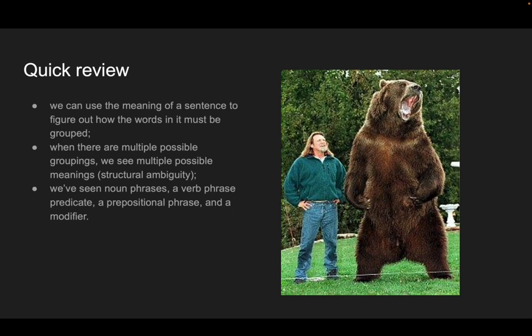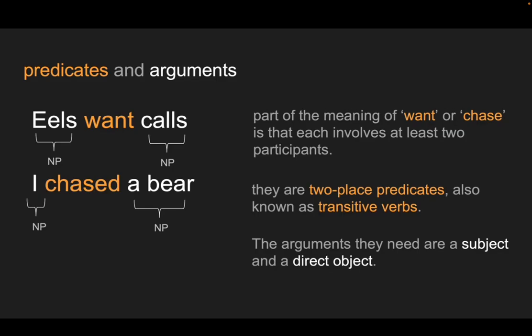So we've also now seen some different kinds of examples of noun phrases, verb phrase, predicates. We've talked about prepositions, prepositional phrases, and even a modifier or two. So what I want to do is dig into predicates a little bit more deeply.